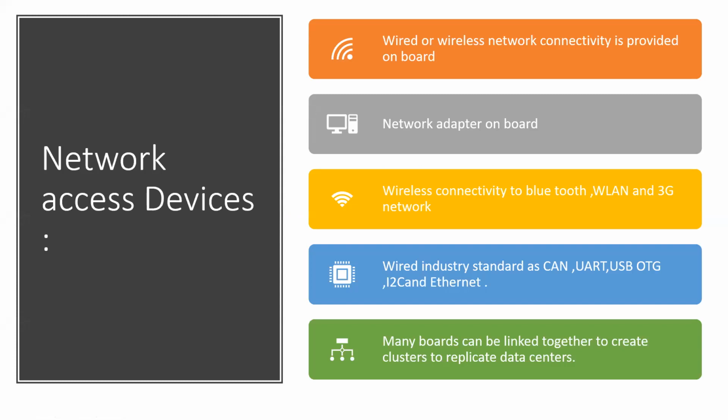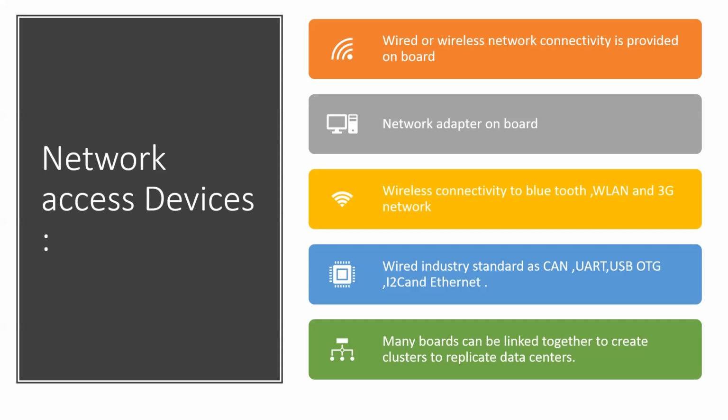So as you know, networking is an important part of your day-to-day life, whether it may be wired or it may be wireless. Due to this importance of networking, all single board computer systems support network connectivity. For example, if you consider Raspberry Pi, then it is having a network adapter on board.